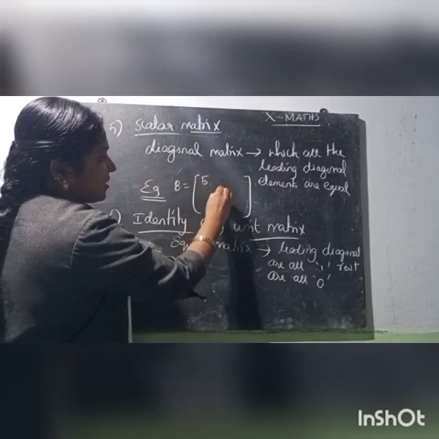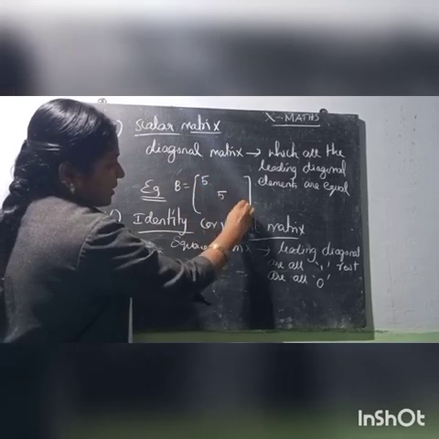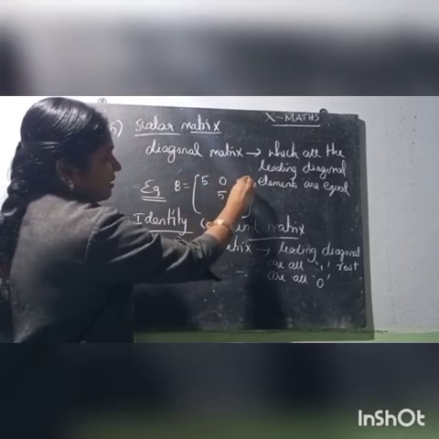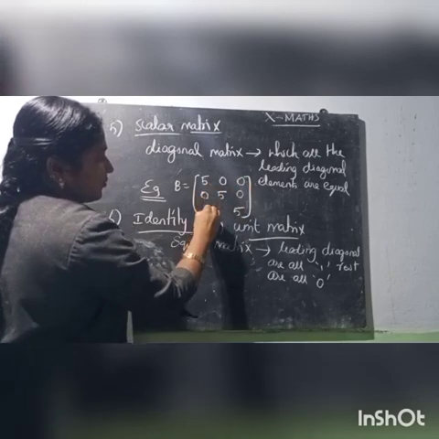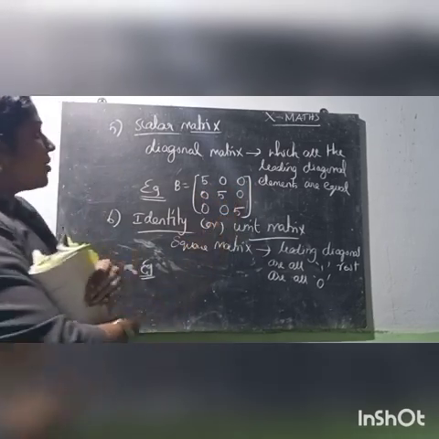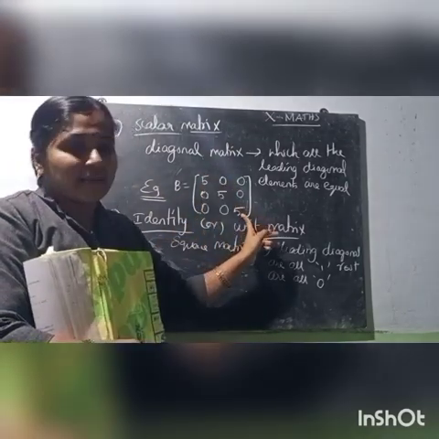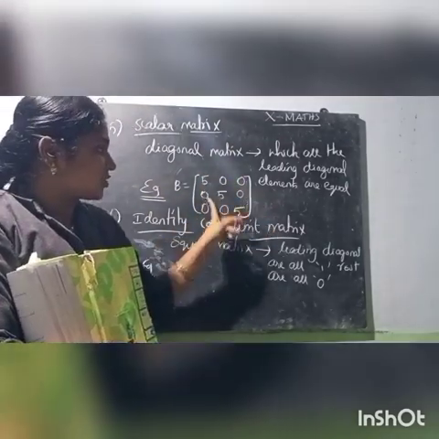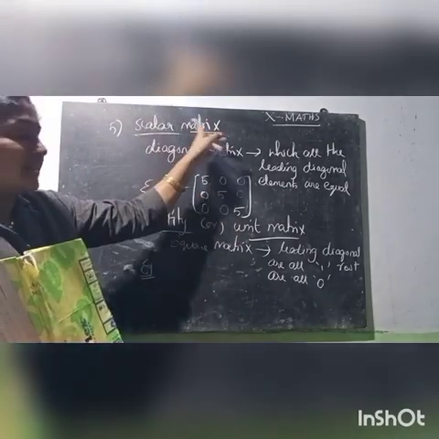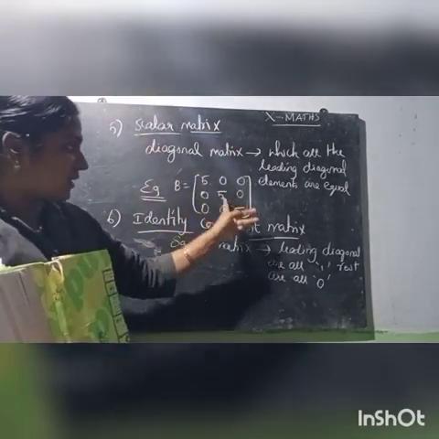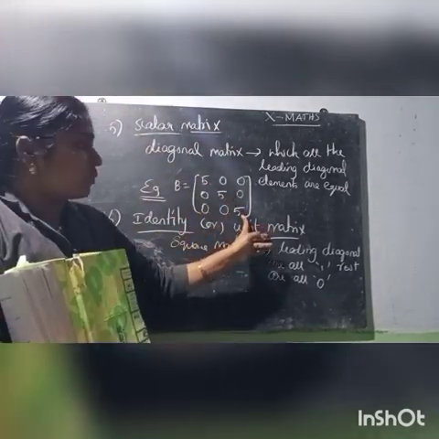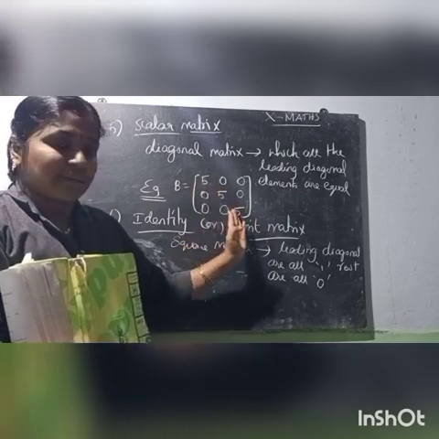Here 5, this diagonal also 5 and here also 5. The remaining ones we should mention as 0. So this is called a scalar matrix. Only the diagonal should have the same number, other than the diagonal should be 0. Any other number can be written here, not only 5, any other number, the same number throughout.